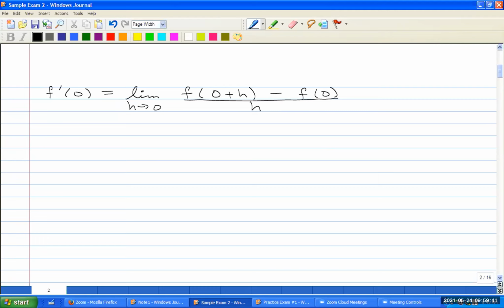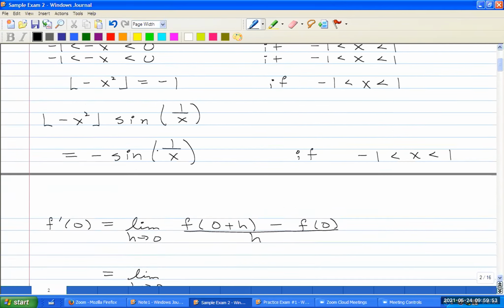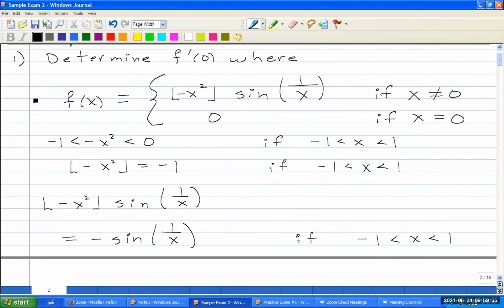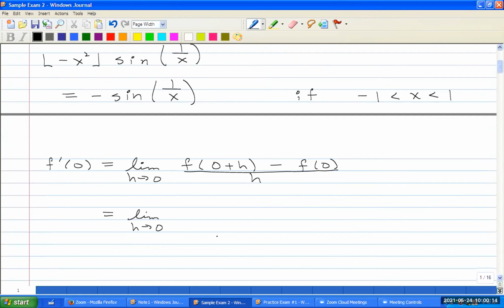And so this is the limit as h approaches 0 of, well, f of h, for h between -1 and +1, is going to equal negative sine of 1 over x.